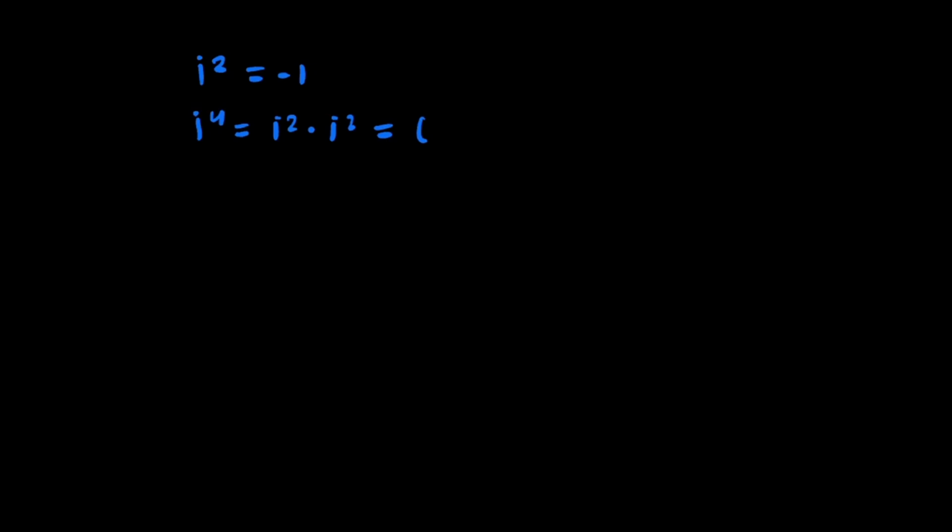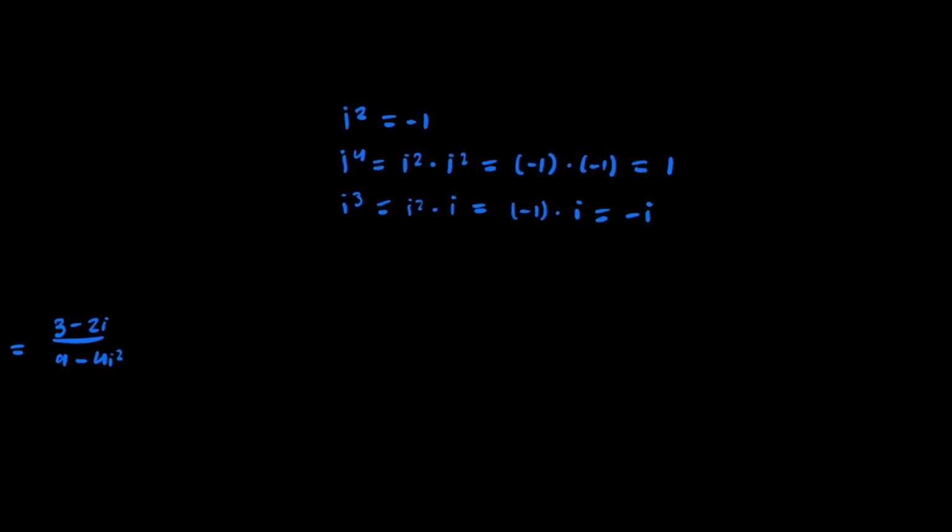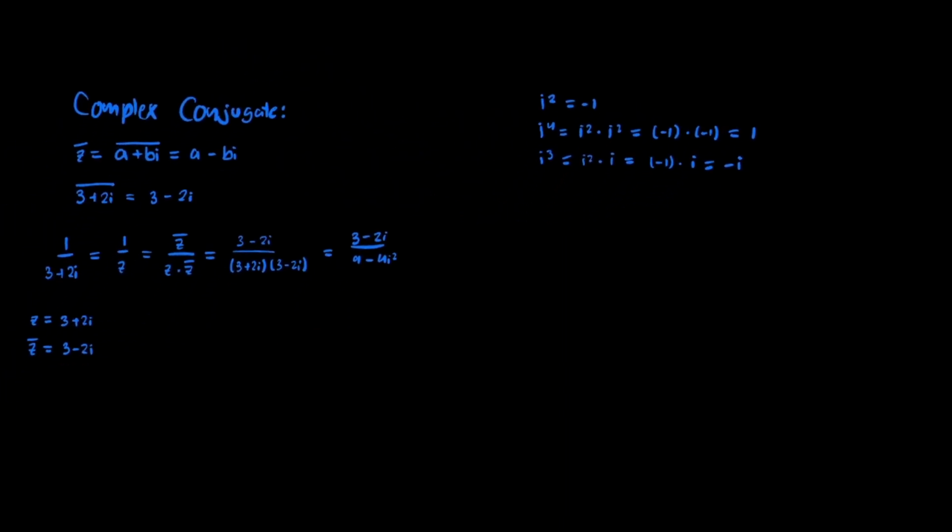It's going to be minus 1 times minus 1, and that's going to be 1. If we have i cubed, for example, what happens then? We're going to have i squared times i, which is minus 1 times i. So we're going to get minus i. So that's basically how you work with powers of i.